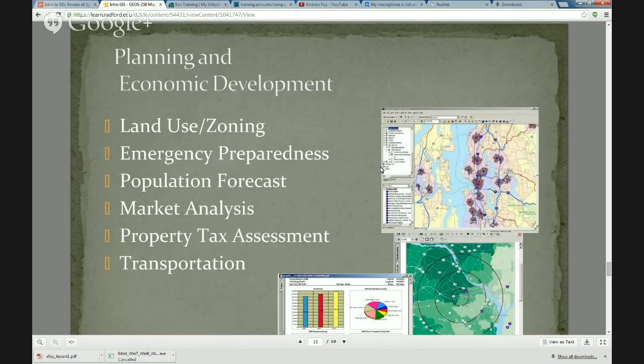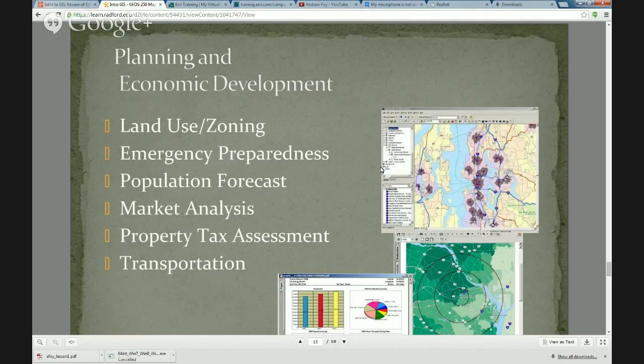There's population forecasting and marketing analysis. If anyone's ever bought a home, there are many different types of GIS applications that show property information, lots, home prices, and you could even look at things like demographic information, so the age of people in a certain area, how much money they make. The list goes on and on.